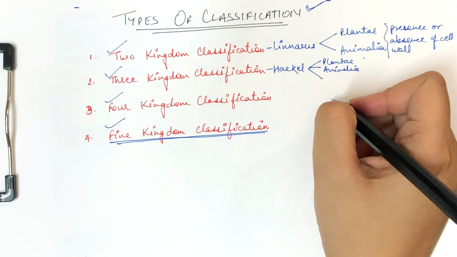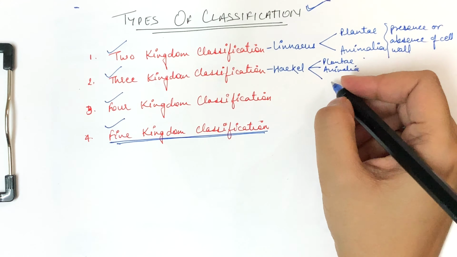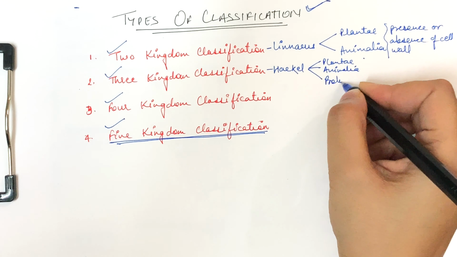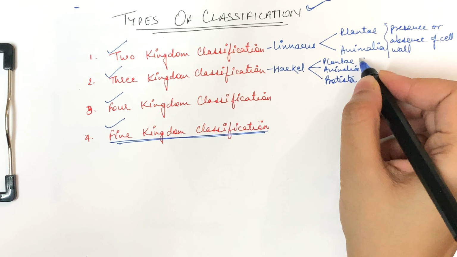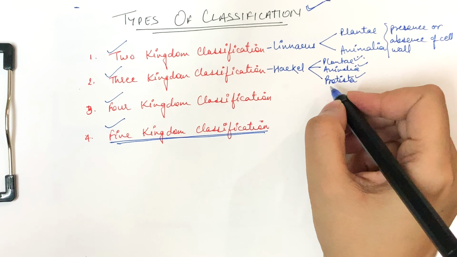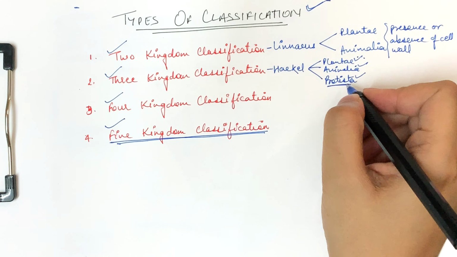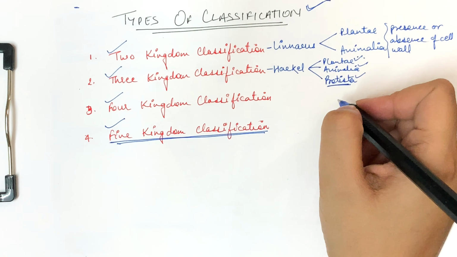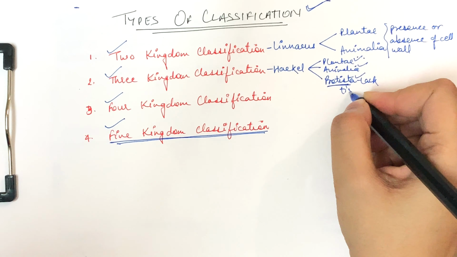He separated unicellular organisms, that's algae and fungi, from other organisms on the basis of lack of tissue differentiation, and the new group was called Protista. So he divided into 3 kingdoms: plant, animal and Protista. And how are Protista different from plants and animals? They are unicellular, and they lack tissue differentiation.